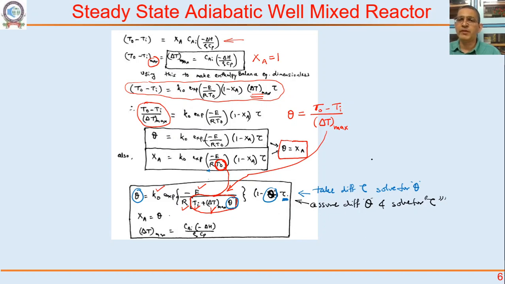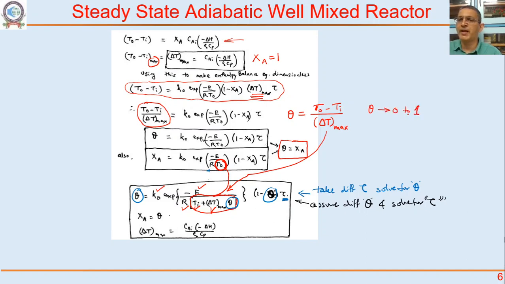Okay. What values of theta you will take? What is the variation in theta? How much does theta vary? Theta can be 0 if heat of reaction is 0. So maximum variation for theta is going to go from 0 to 1. We have made theta dimensionless.